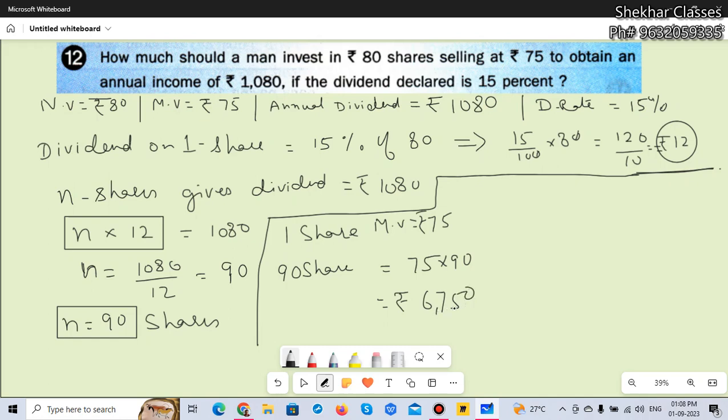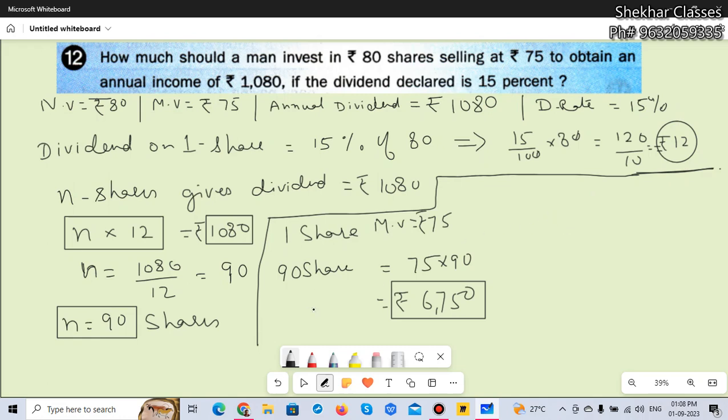This is the amount that he has invested to buy 90 shares, and 90 shares have given him altogether 1080 rupees as a dividend. So one share was giving him 12 rupees as a dividend. So that is the answer for the question.